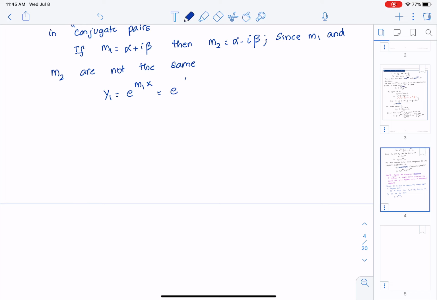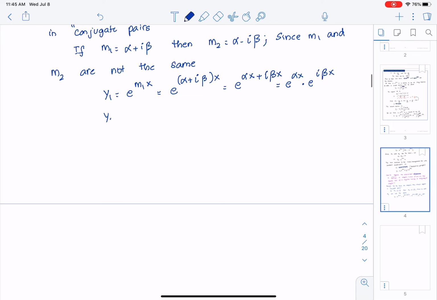We can write it as e raised alpha plus i beta multiplied by x, which should be e raised alpha x plus i beta x, which would simply be e raised alpha x times e raised i beta x. That is using the properties of exponential.